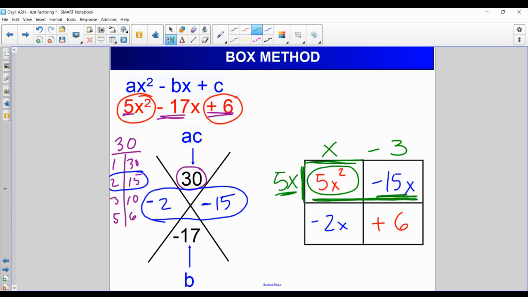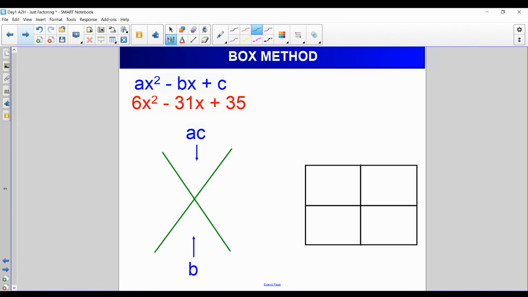Well, that's negative 3. Then I look and say, what do I need to multiply x by to get negative 2x? That's negative 2. So this 5x squared minus 17x plus 6 factors into 5x minus 2 times x minus 3. Let's do one more with the box method.